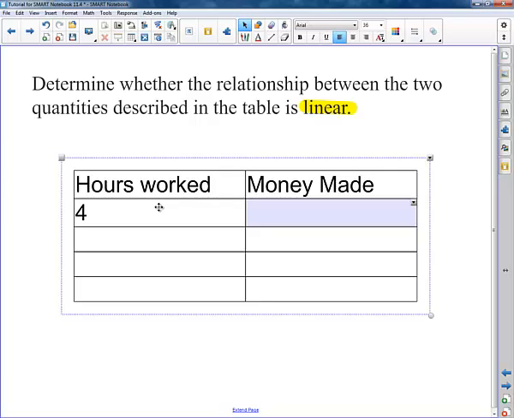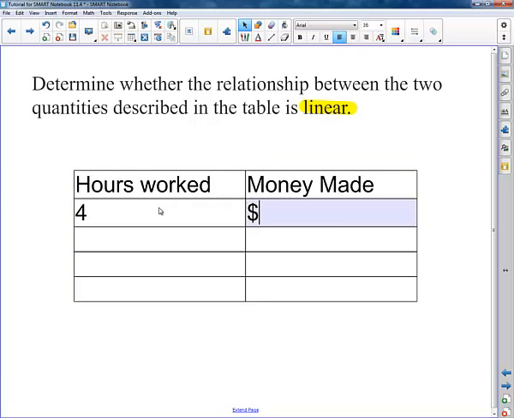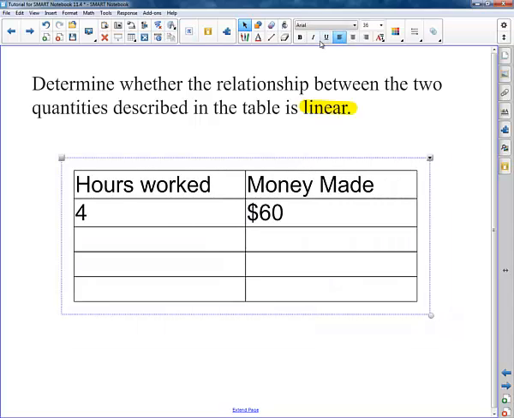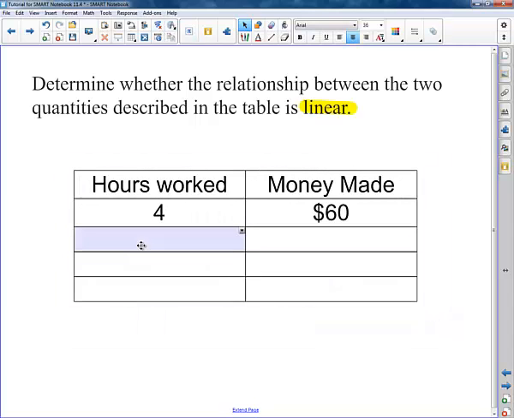And money made, let's say the money made in those 4 hours was $60. So hours worked 4, money made was $60. And let's keep filling in our table.